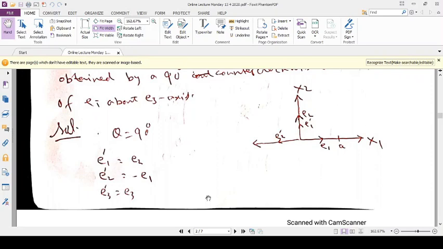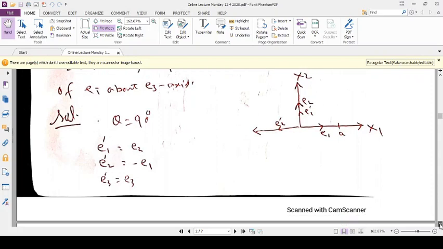So cosine of 90 will be 0 simply, and cosine of 0 is 1, because cosine of the angle between E1 dash and E2 will be cosine of 90 minus theta, and as theta is 90, so cos theta is 1. Similarly, you can write E2 dash equals minus E1 and E3 dash equals E3.